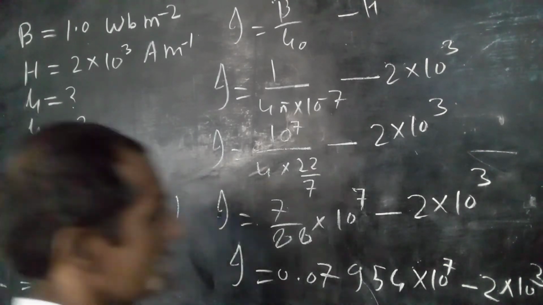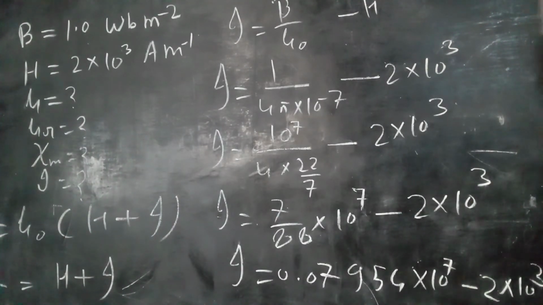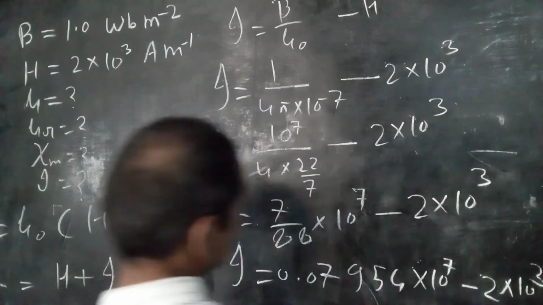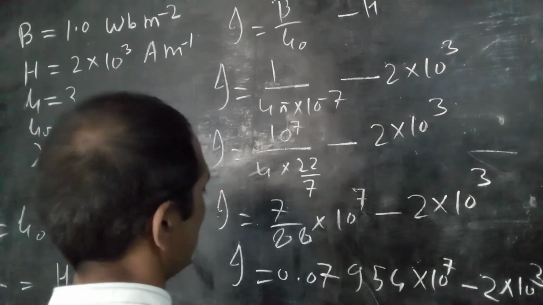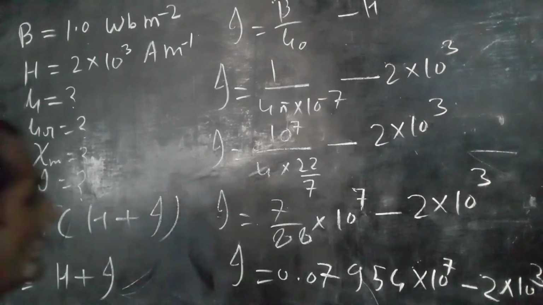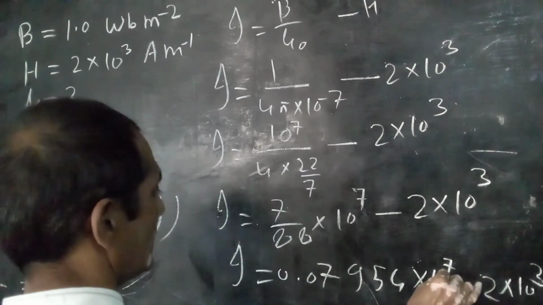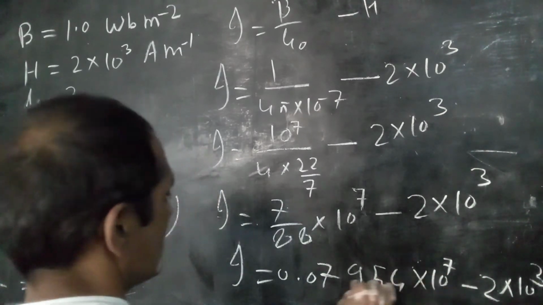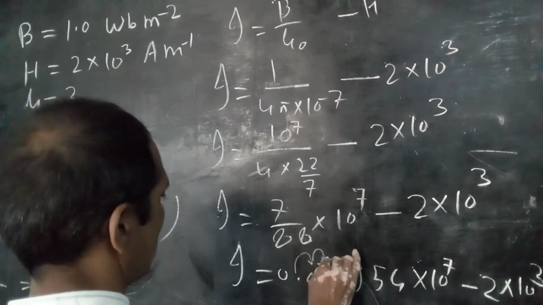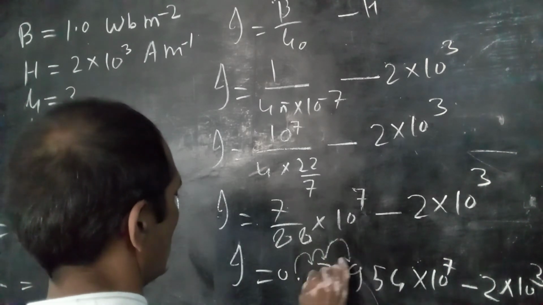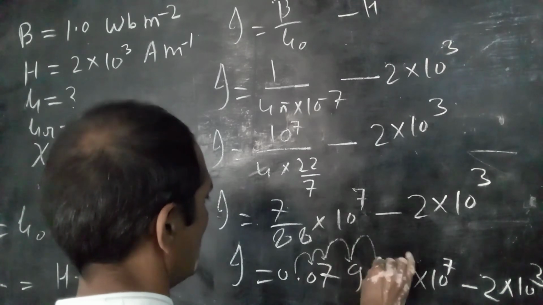Now simplify this. To subtract, we make the order the same. Here the order is 3, so here the order must be 3. So we shift the decimal 4 digits right: 1, 2, 3, 4.